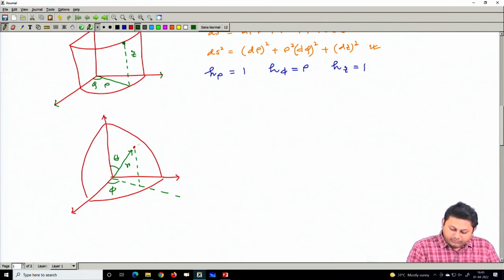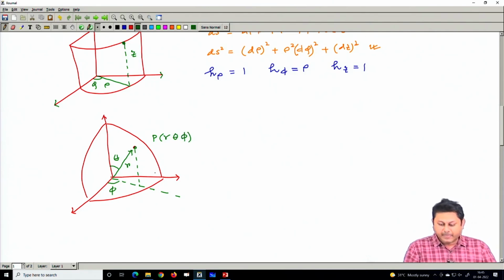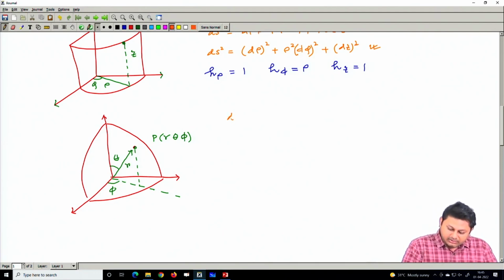So, the value of P here, whatever point we are considering, P, which is (r, theta, phi). For this coordinate system, if I write the distance element like the way we did, we know how to write the distance element in different coordinate systems.